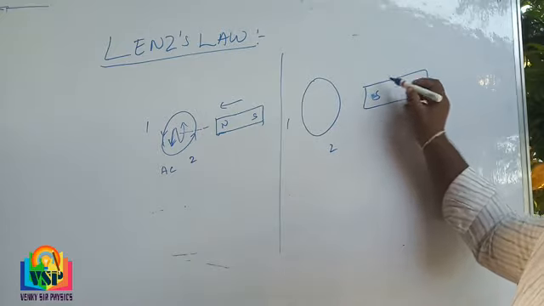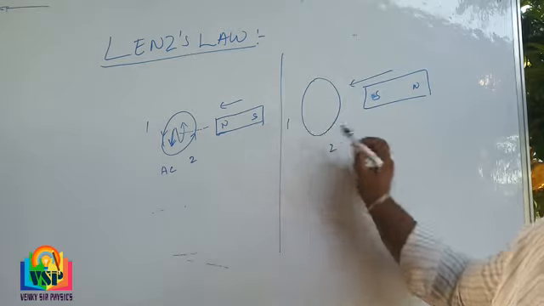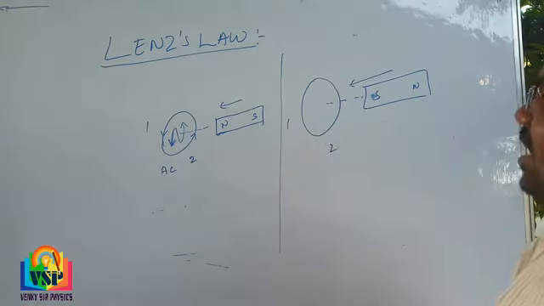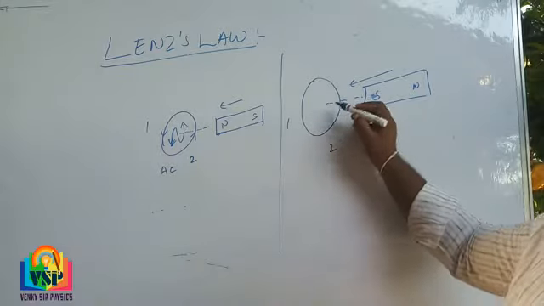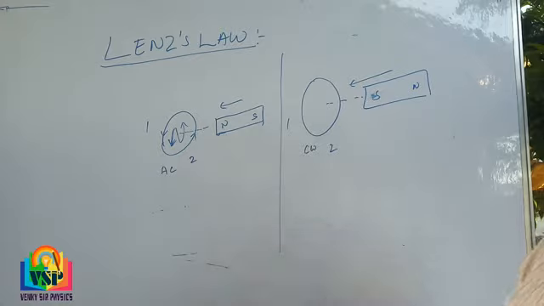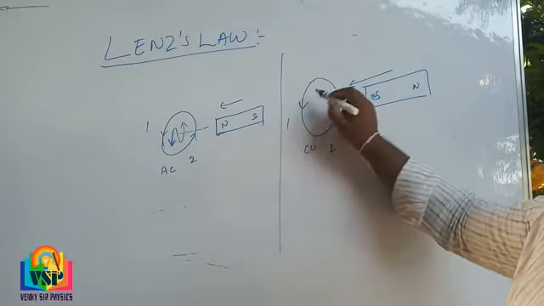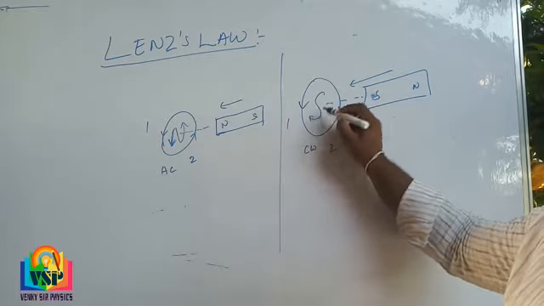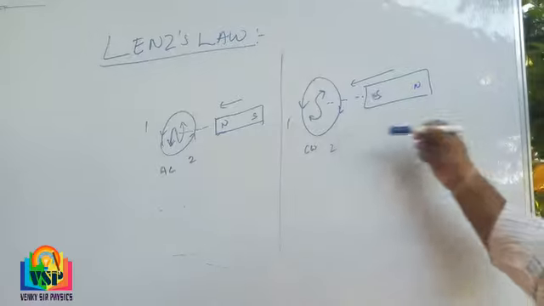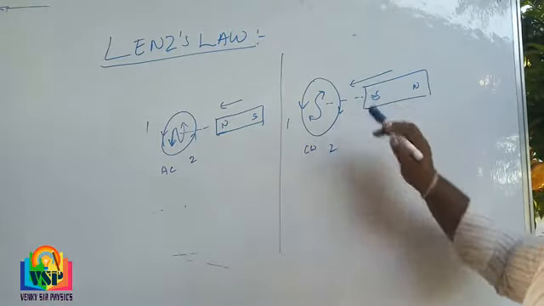If the south pole enters the coil, the current passing through this coil is in the clockwise direction. Like this, here it will give a south pole.